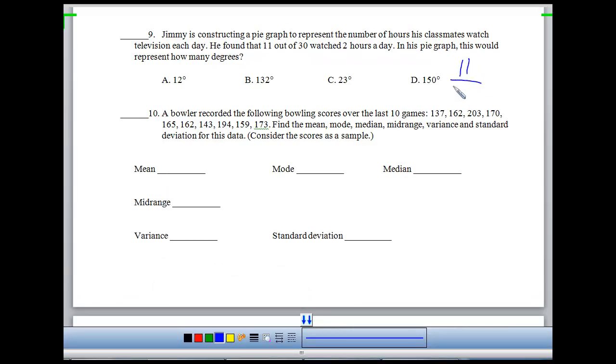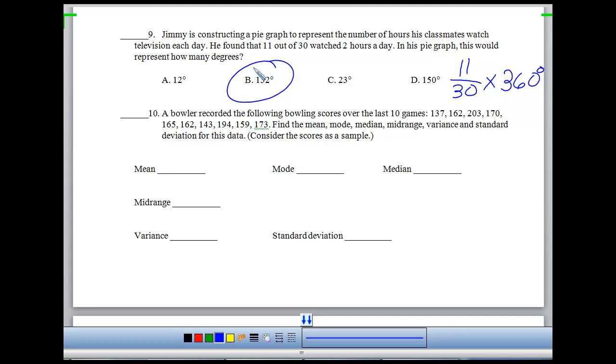Take 11 divided by 30. That gives us the relative frequency, or percentage. Then we multiply that by 360 degrees. That comes up to be what? B, 132. Very good.